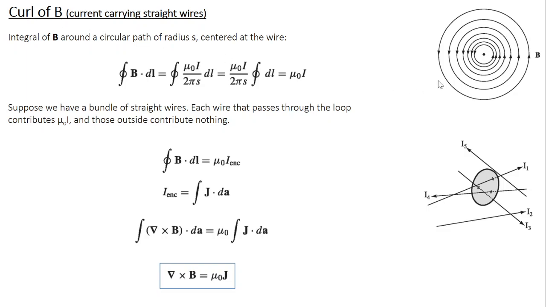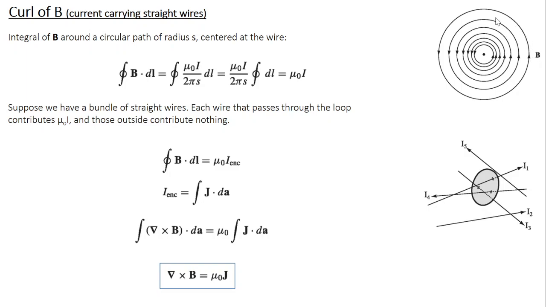Now, in the case of a current carrying wire, assume that you have a wire pointing towards you out of the page. So this is denoted by this dot here, and as we know, magnetic field lines curl around this given wire. So from the very geometry itself, we can notice that there is a non-zero curl involved here.